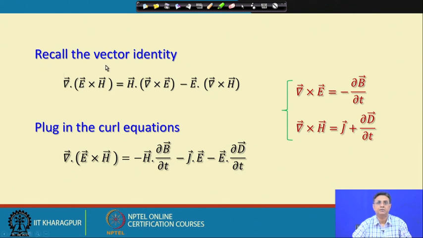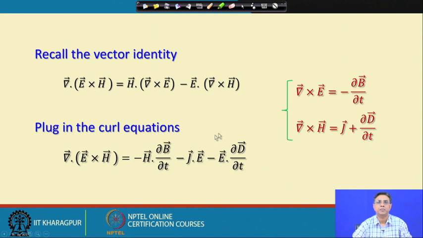Let us recall the vector identity, that is del dot E cross H, this left hand side can be written in the form H dot del cross E minus E dot del cross H. So, if we plug in the curl equations for del cross E and for del cross H from here, that is del cross E equal to, we will substitute minus del B del t, and for del cross H we will substitute J plus del D del t.